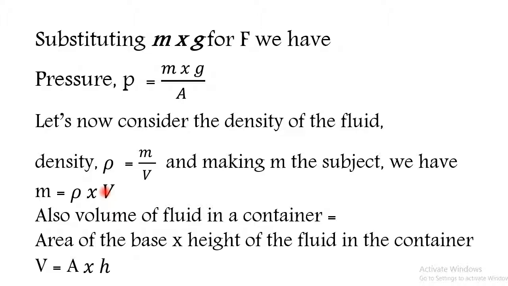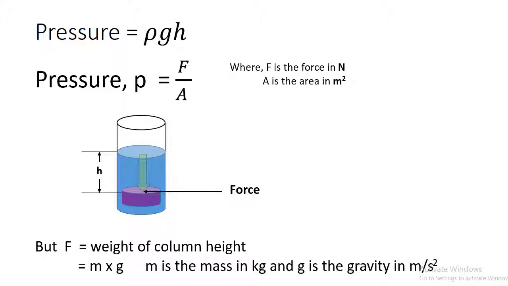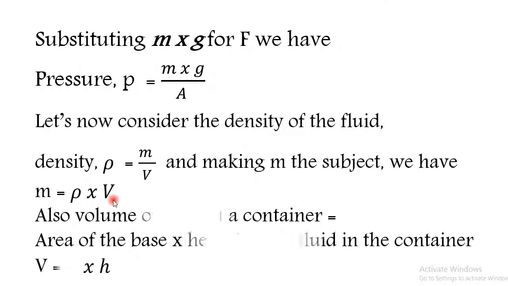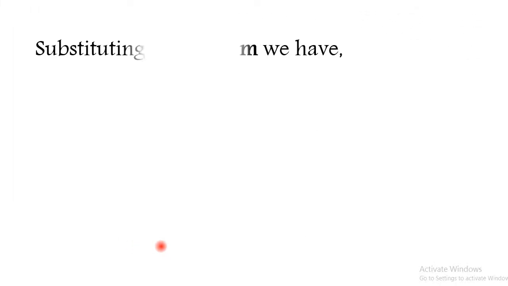If we go back to our diagram, determining the volume of this fluid is going to be the cross-sectional area times the height of the fluid. So volume is area of the base times height. That's going to be the way to go.